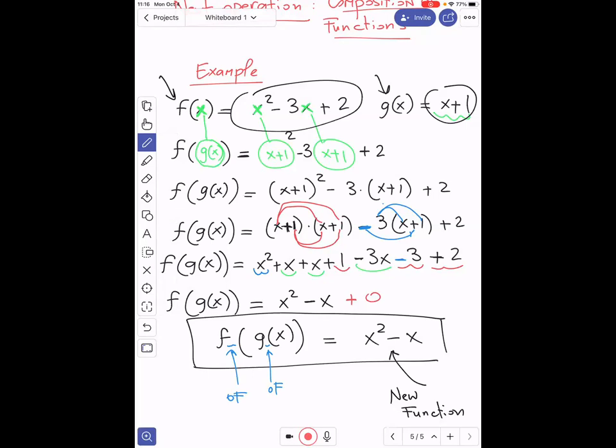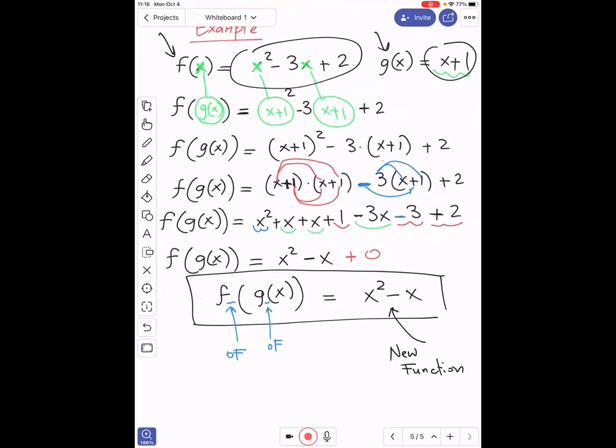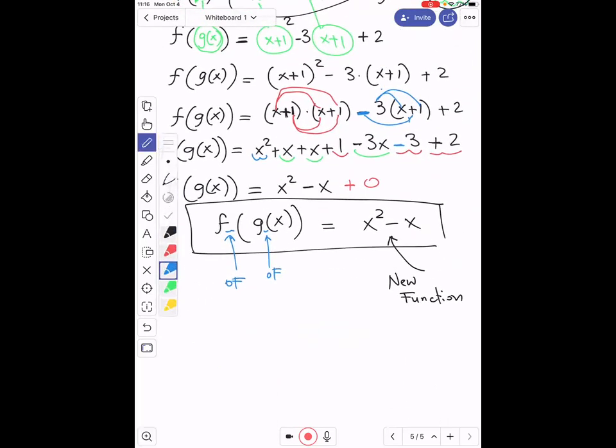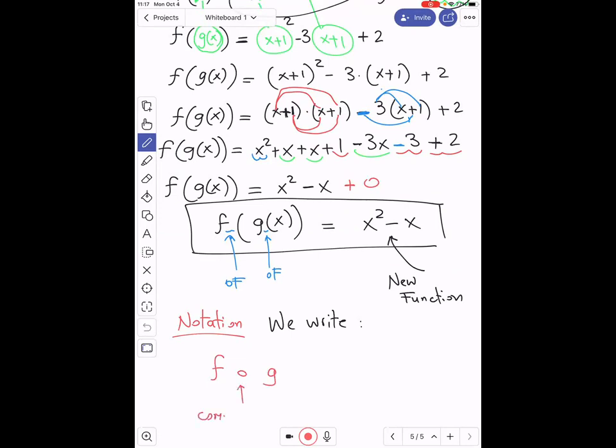Okay, so the notation we use for this composition is the following. When we write f composed with g, this circle here means composed.